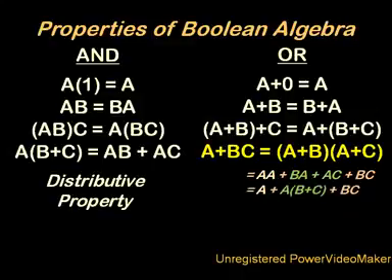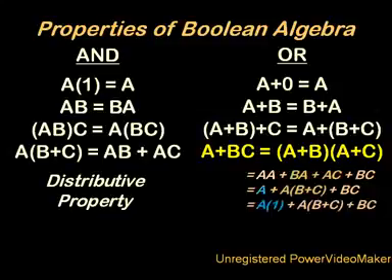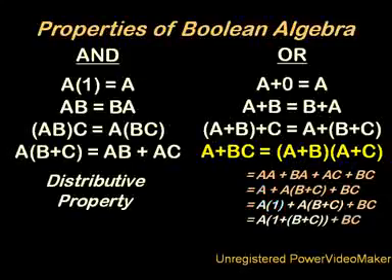Okay, well, A and A, that's just A. And then I can factor an A out of BA plus AC. A and 1 is the same as A, looking good. And now I can factor again.